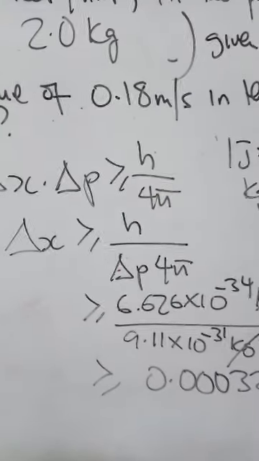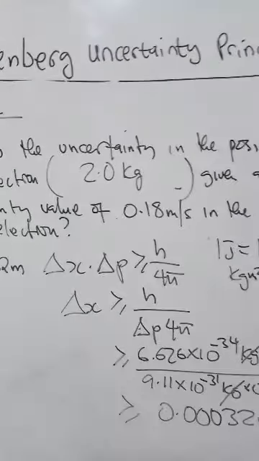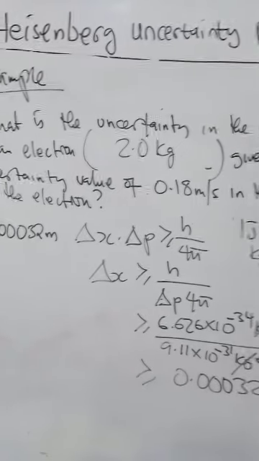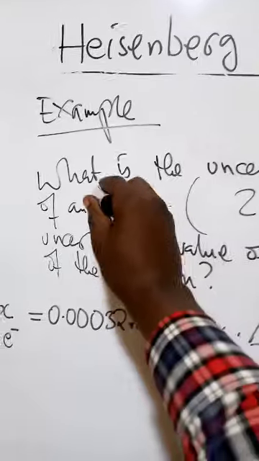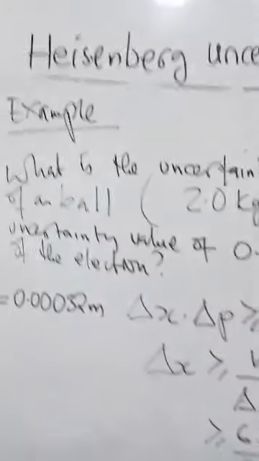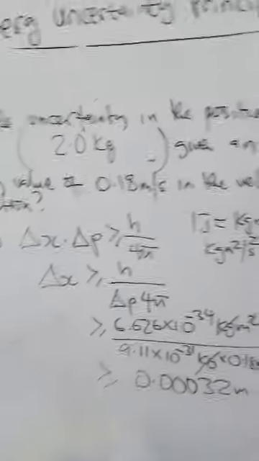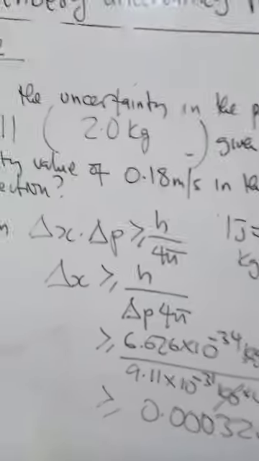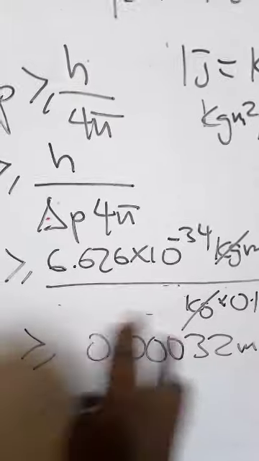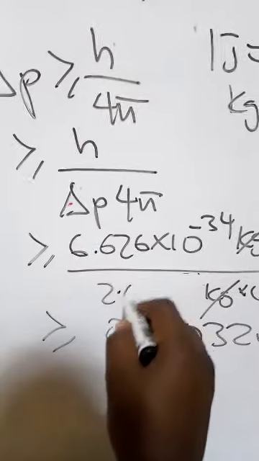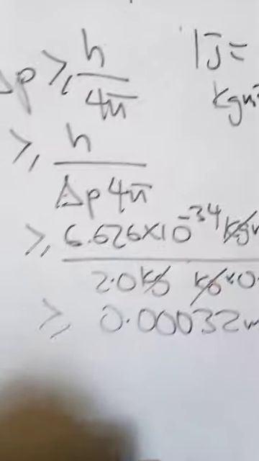So we will use the same. Let's calculate the uncertainty in position when the ball is used. So what we've now changed is the ball of mass 2 kgs. So here what's going to change is just the mass. So we change it here to 2.0 kilograms.